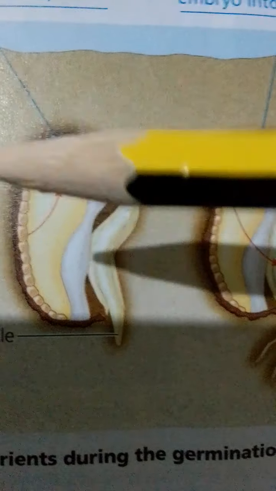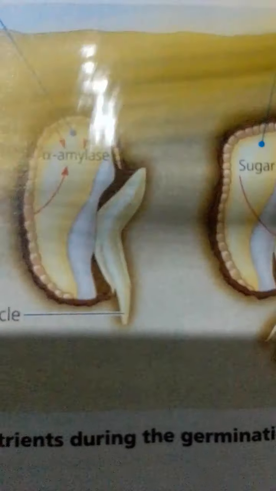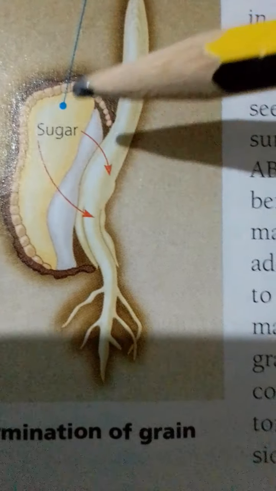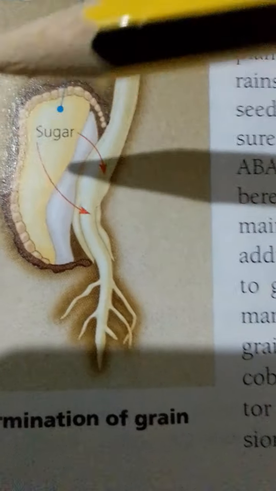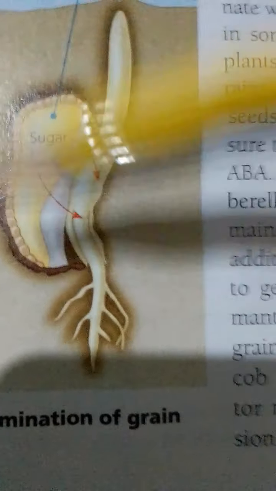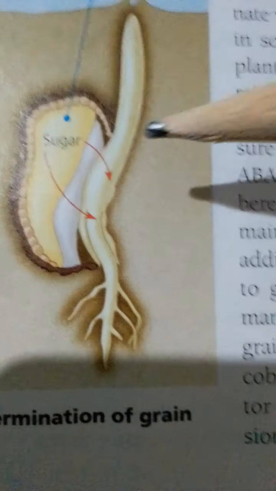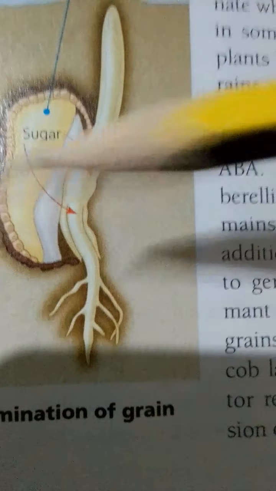One example is amylase, which hydrolyzes starch. A similar enzyme in our saliva helps in digesting bread and other starchy foods. Notice also step 3, sugars and other nutrients absorbed from the endosperm by the scutellum, cotyledon are consumed during growth of the embryo into a seedling.